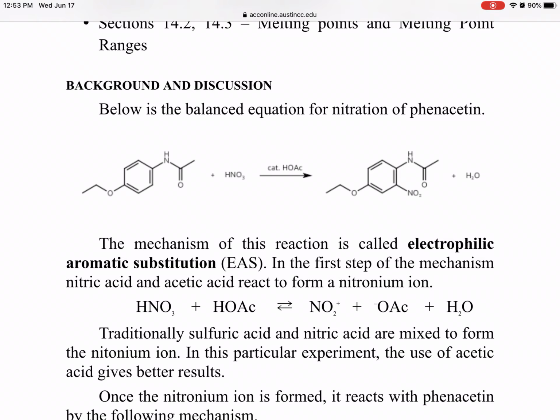If you had 1 mole of phenacetin having one nitro group attached, what is the number of moles of nitrophenacetin going to be? Going to be 1, right? 1 to 1 molar ratio. So if you can find out the number of moles that we use, it's the same number of moles of the product that you are making.